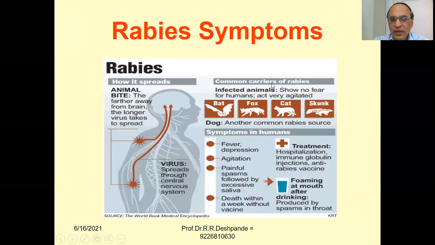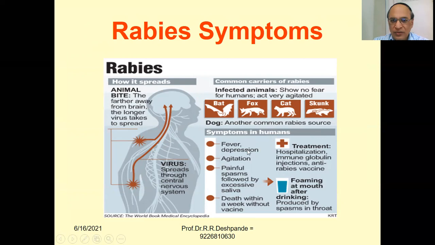Common carriers of rabies, which are the infected animals, show no fear of humans and act very agitated. Remember these names of animals: bat, fox, cat, and skunk. Another common rabies source.